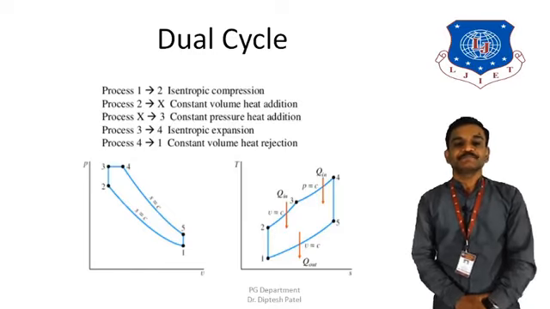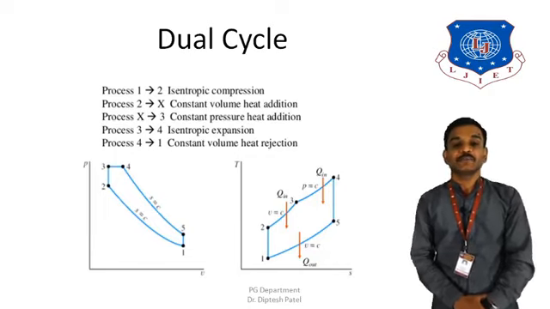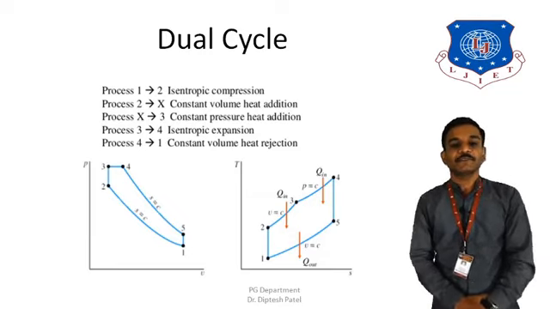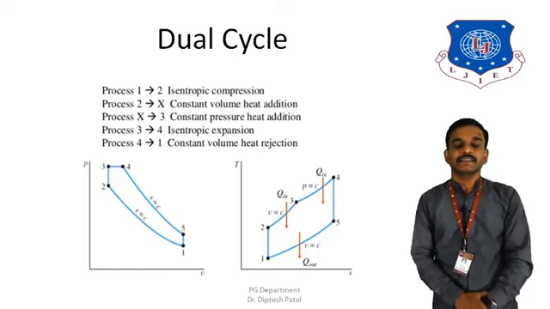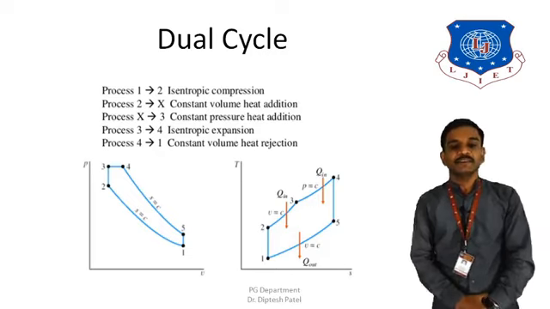At that time the volume increases from V4 to V5, pressure reduces rapidly while the entropy remains constant, and the temperature also reduces. The last process, process 5 to 1, is the constant volume heat rejection process. During that time the heat is being rejected into the atmosphere. So this is the PV and TS diagram of the dual cycle.